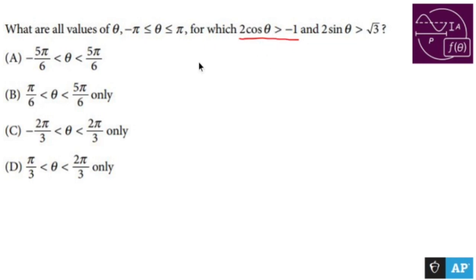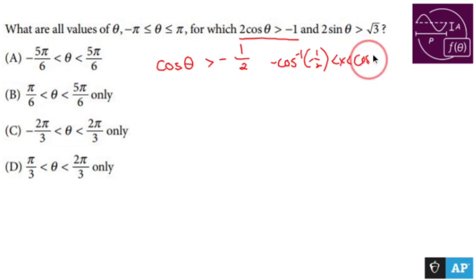I'm going to divide 2 from both sides, and that leaves me with a regular cos theta is greater than negative 1 over 2. Now, there's a rule for inequalities that says if you have a cosine of stuff is greater than a number, then negative cos inverse of that number, so negative 1 over 2, is going to be less than x, which is less than regular cosine inverse of that number, negative 1 over 2.